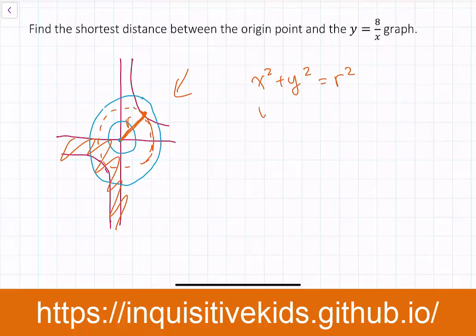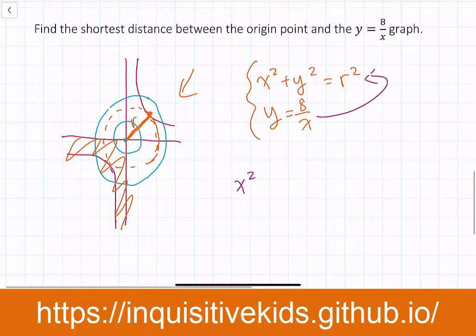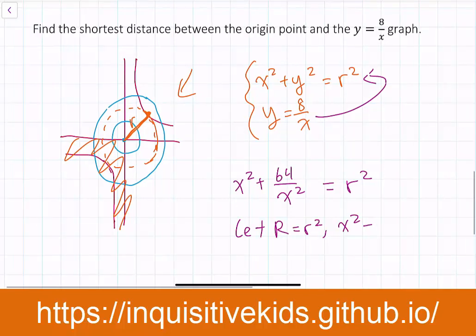And we also know that y equals 8 over x. All we have to do now is go ahead and solve. Again, we can substitute this into this. x squared plus 64 over x squared equals r squared. Let capitalized R equal r squared, and let x squared equal t.